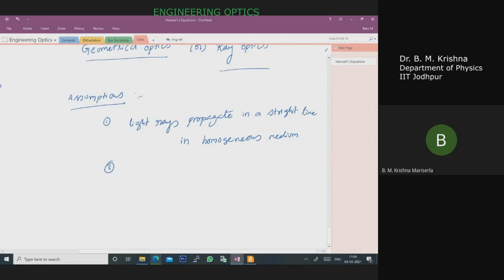The second assumption: the ray can bend, so that's the bending nature of light, and in particular circumstances or conditions, it may split.